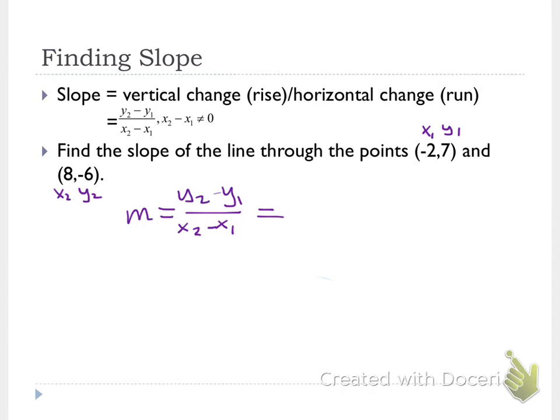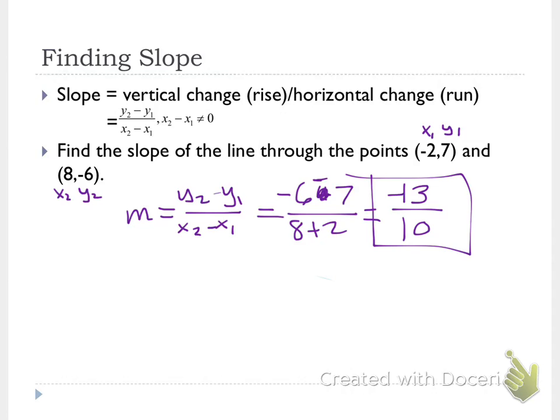We replace them. So negative 6 minus 7 over 8 plus 2. You get negative 13 over 10. That's it. You just take your points, you plug them in. It doesn't matter which you pick to be x1, y1, as long as you keep it x1, y1.